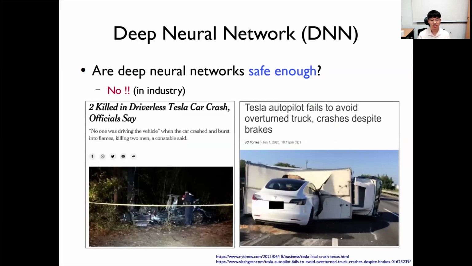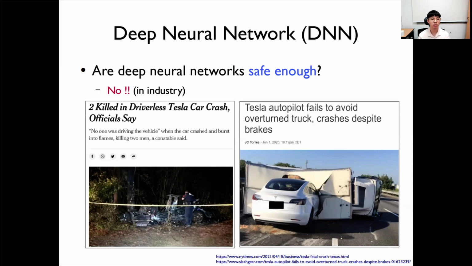And what about DNNs used in the industry? Many companies such as Tesla and Google are actually using DNNs for self-driving cars. But despite the tremendous progress, just like traditional software, DNNs equipped in self-driving cars often show unexpected behavior that leads to fatal crashes in the real world.